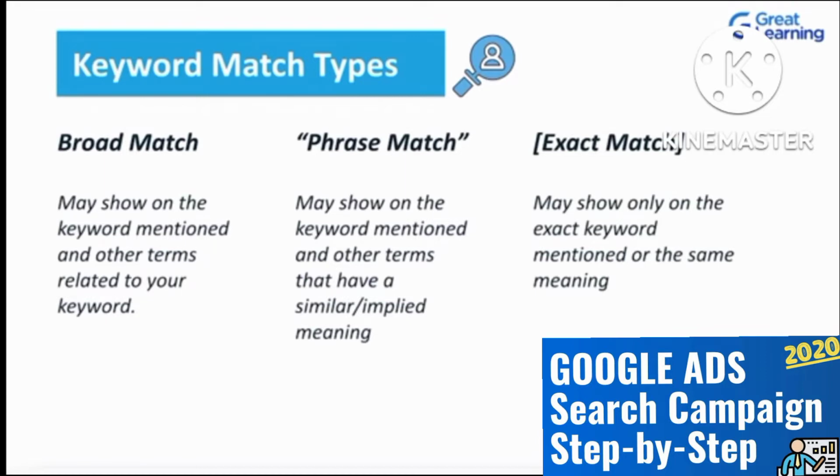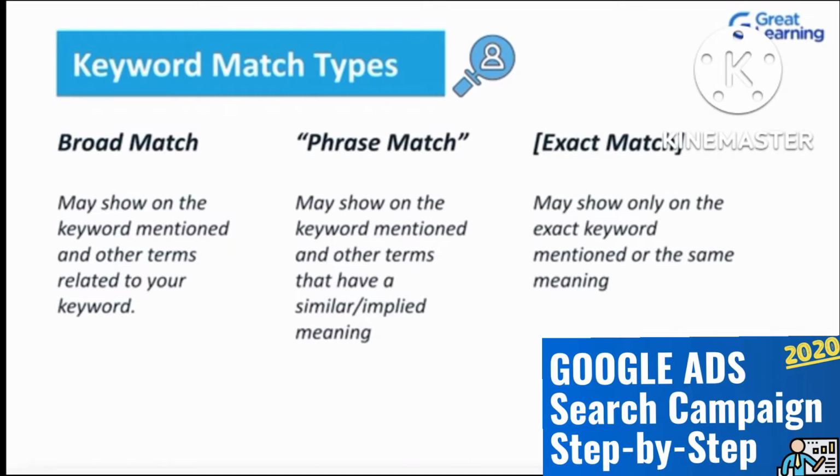Hence, I've used these three which are most important. Broad match essentially means that when you enter a specific keyword, Google may show search terms that are related to the keyword that you have entered. We will see examples of each of these match types in the coming slides. But before that, let's just set the basics right.